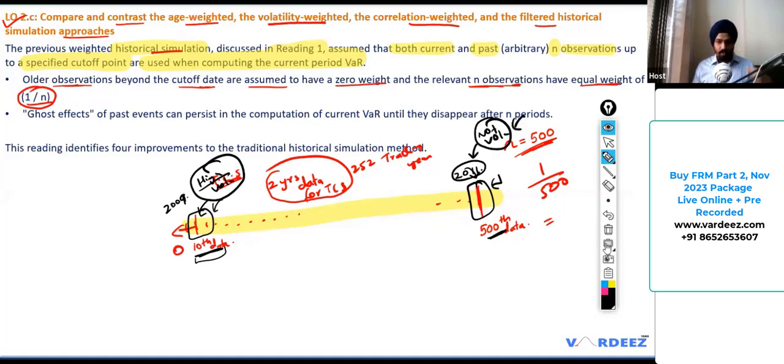That's another problem. So if the period was higher volatile earlier, okay, higher volatility means higher standard deviation, right? And if the standard deviation is high, remember in the VaR calculations, we used the standard deviation as well, right? So obviously your VaR will also be higher if the volatility is high.